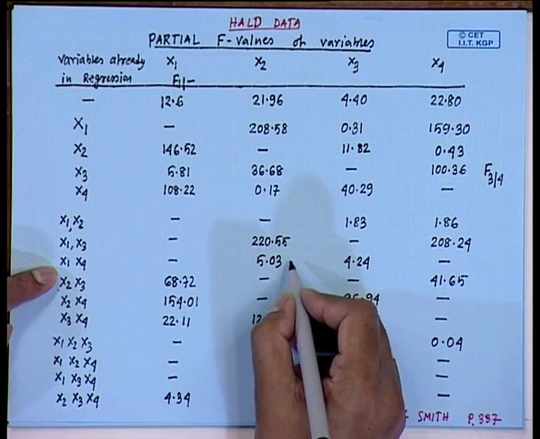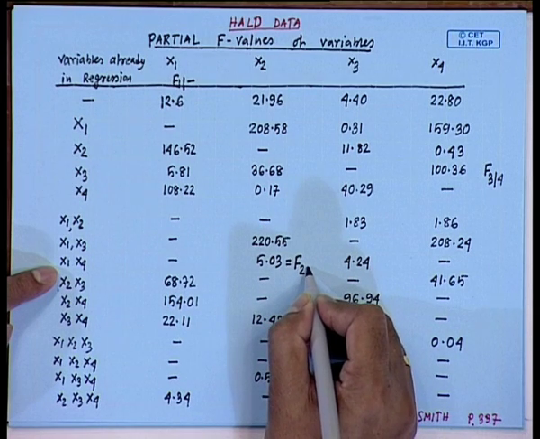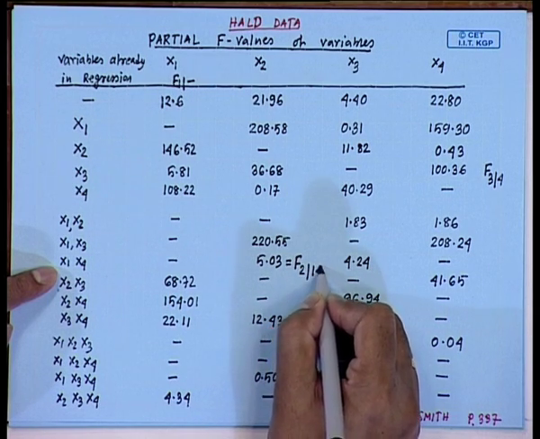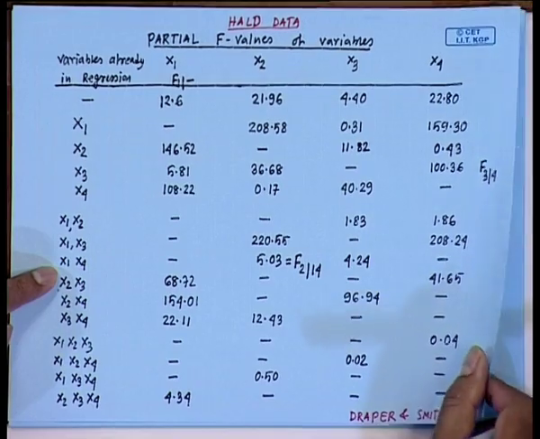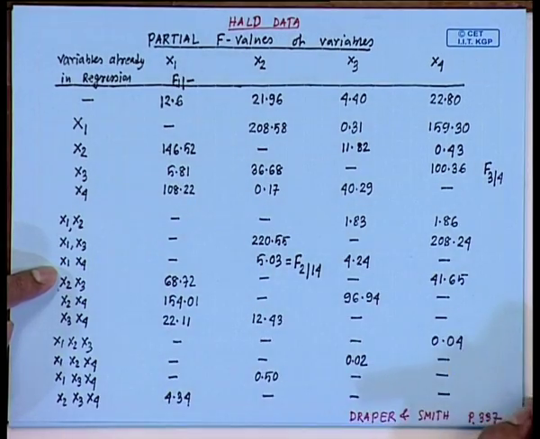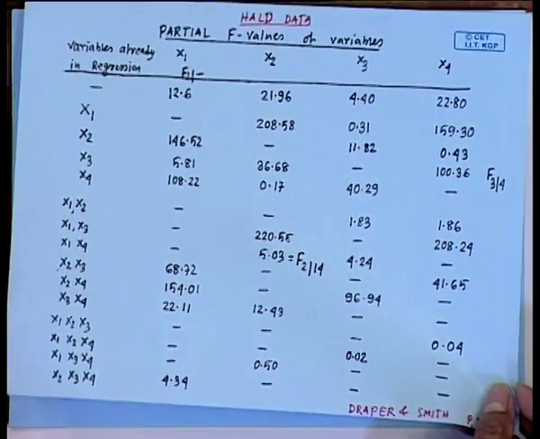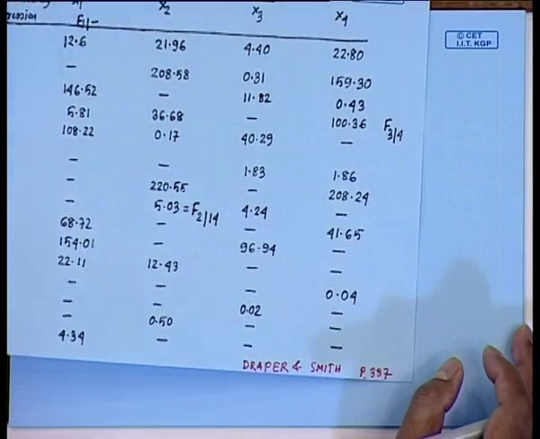So, this one is nothing but F 2 in the presence of 1 and 4 in the model. So, we have all the partial F values.